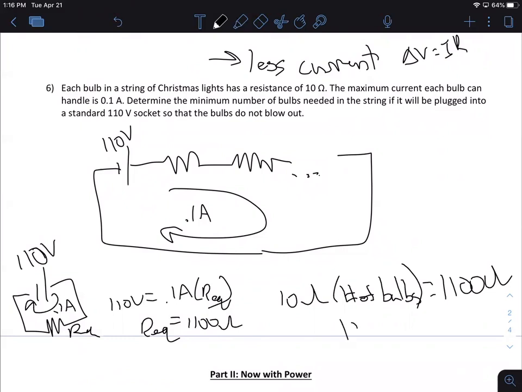So that means my number of bulbs has to be 110. I can have 110 light bulbs strung in this Christmas light chain in order to make it so my bulbs are okay. Really, I would want more than that because I probably don't want to be at the maximum current the bulbs can handle.